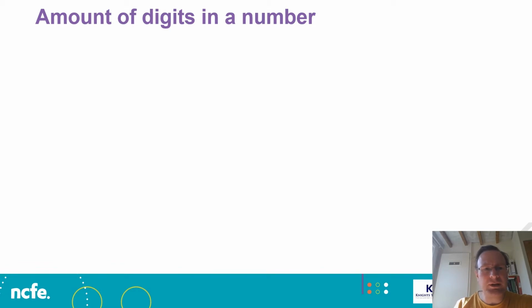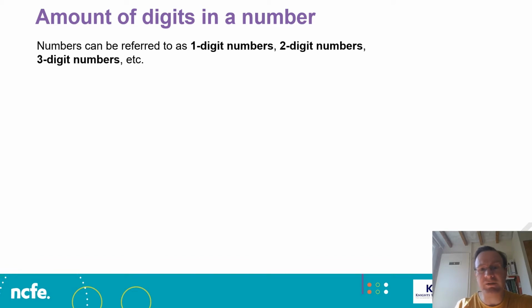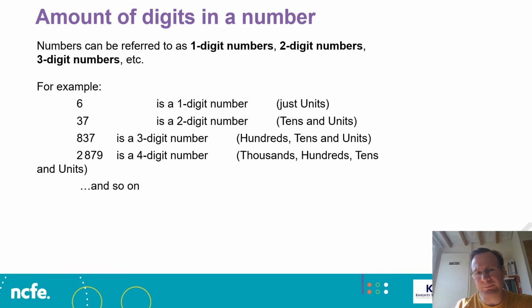We also consider this idea that numbers have different amounts of digits, or the digits mean different amounts in them. Numbers can be referred to as 1-digit numbers, 2-digit numbers, 3-digit numbers, and so on. Here we've got a couple of examples. Think about how many digits the number 6 is.